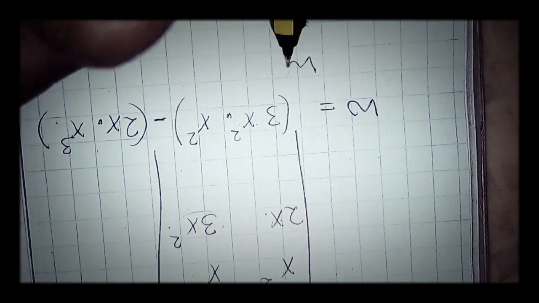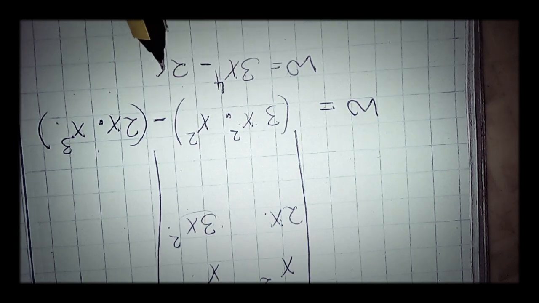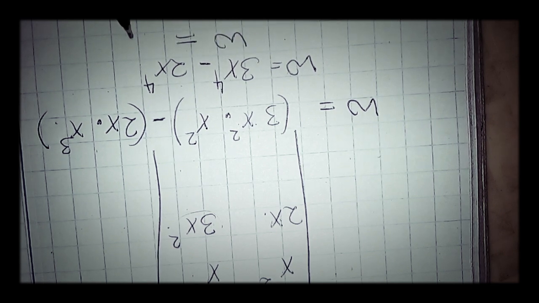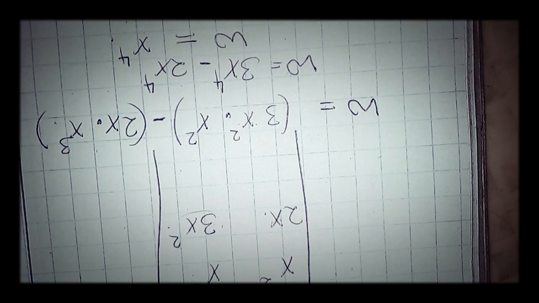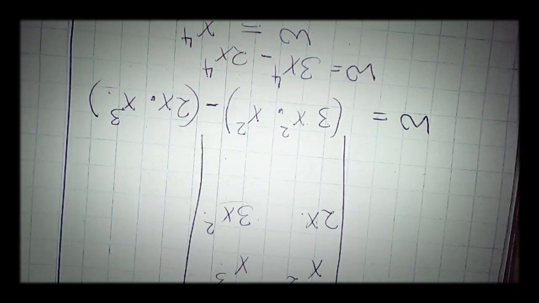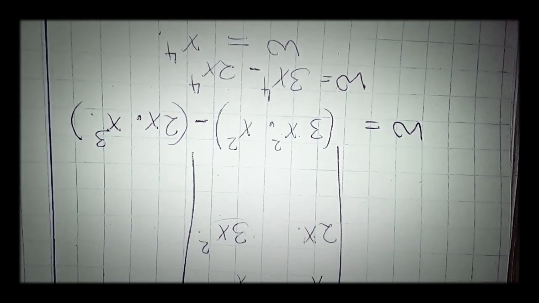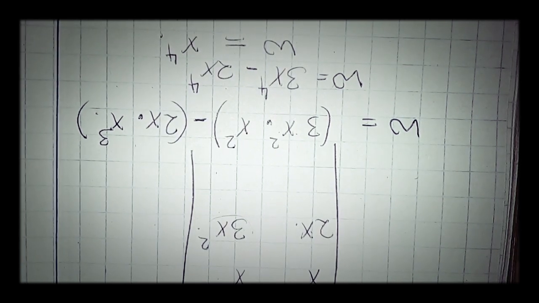So the Wronskian will be 3x to the power 4 minus 2x to the power 4, and our Wronskian will be x to the power 4. It is as easy as that. That is how we simplify the Wronskian of two or more functions. We can have another example.